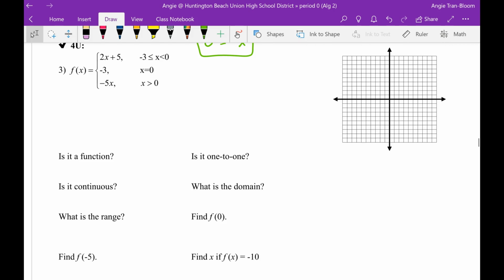Well, you have to pick at least 2 points. I usually pick 3 so that way I have a nice straight line. So -3 is the first one. What's your next input for that first piece? No, you can't pick 5 because remember, x is only limited from where to where. 0. Yeah. So your first piece is perfect. You can pick the last piece, which is what? Right. I pick another one in the middle.